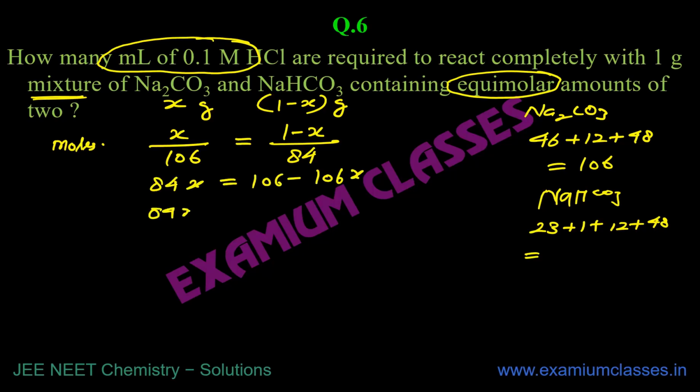So 84x plus 106x equals 106, means x equals 106 divided by, it is 84 plus 106, not 89. Sir, 190. 190, right? 106 by 190.